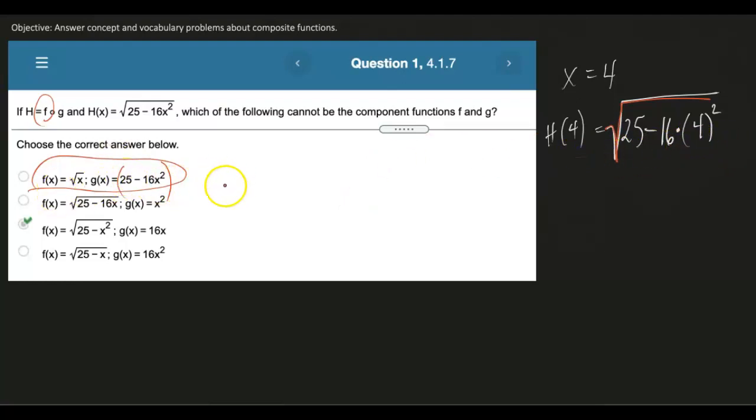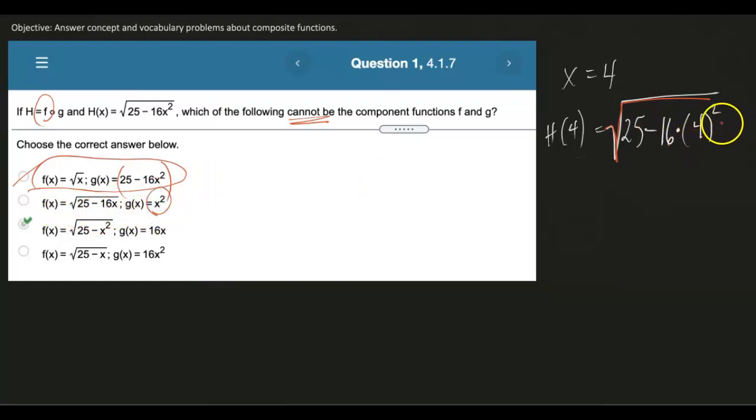But this is a possible answer, and the question is asking what cannot be component functions of f and g. So really by identifying this one, we would take it off our list. And I could go through similarly to analyze the other options. So in this case, this is suggesting that one of the first functions we did was square x.